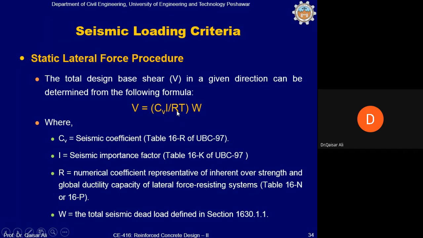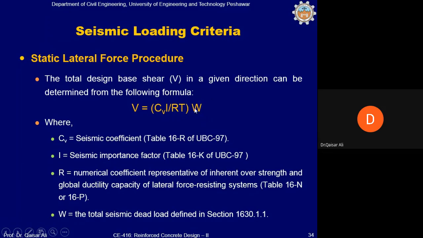R is a numerical coefficient which represents basically an inherent overstrength and global ductility capacity of the lateral force system. R will be explained in the coming slides in detail. T is the time period of the structure, and W is the weight of the structure. So CvI divided by RT is called the base shear coefficient, and W is the weight of the structure.